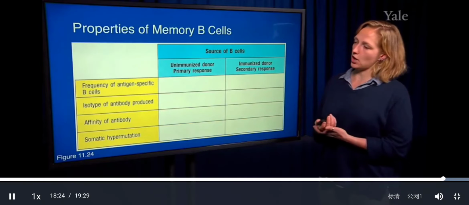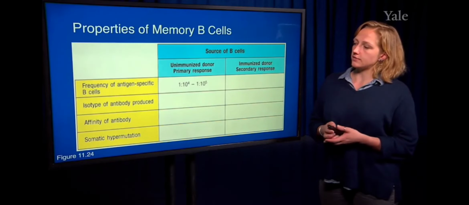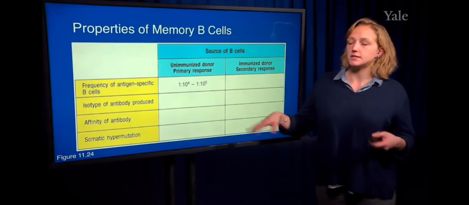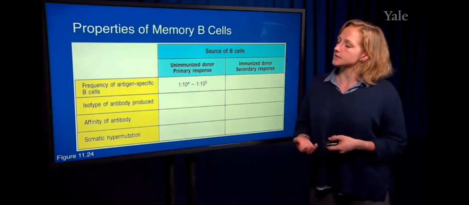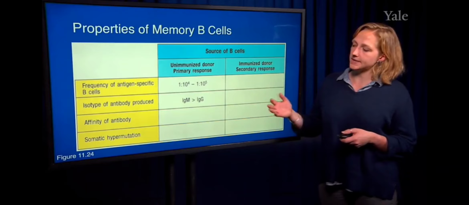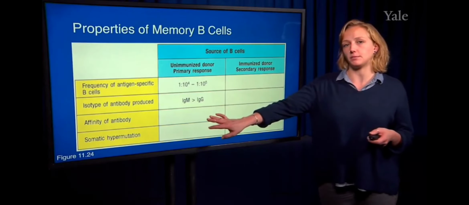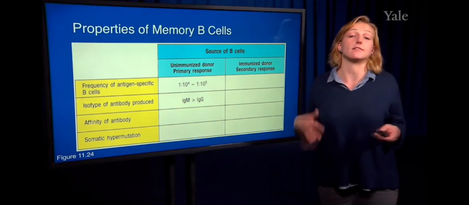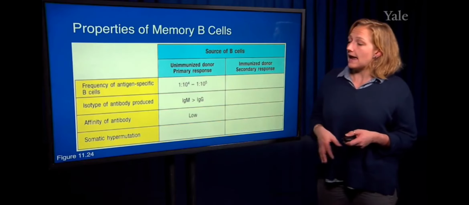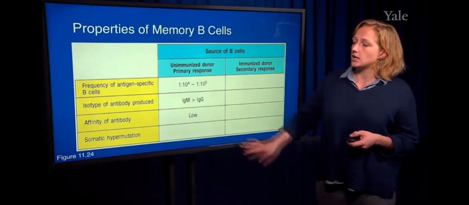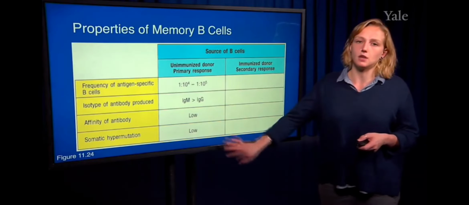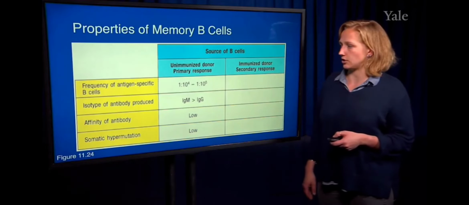So if we look at our unimmunized donor, there's a fairly low frequency of antigen-specific B cells, and we mostly have IgM antibodies being produced, again, because these are cells that have not class switched. And they have a very low affinity to their antigen, and they have very low evidence of somatic hypermutation.